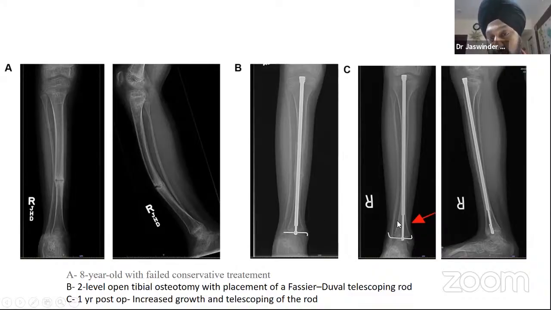As the child grows, the female rod has gone up, the male rod is there. So there is a telescopic translation, and that is how it works in both views. Without any intervention, it can go with the growth; with a growing bone, it can increase its length by itself. Yeah, that is the meaning of the word telescopic.